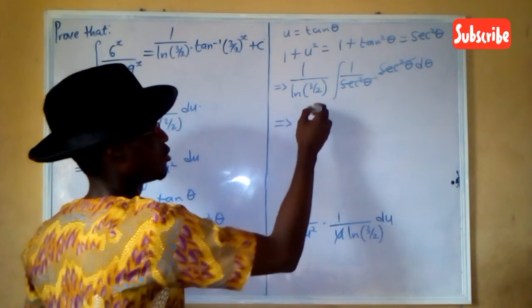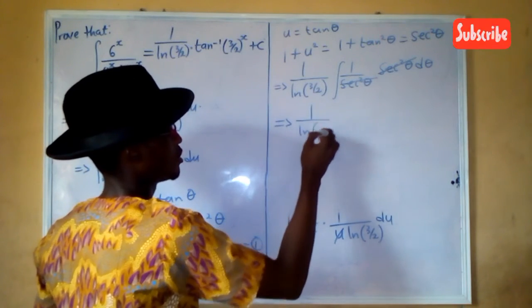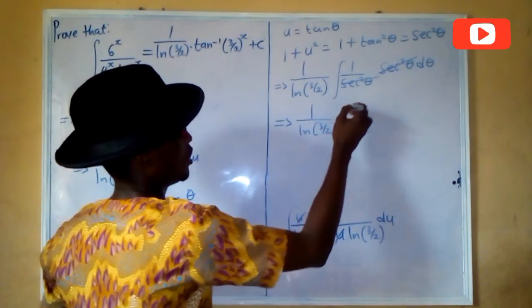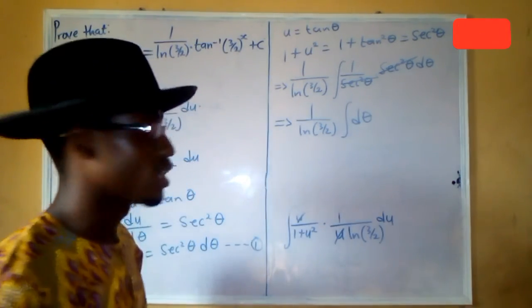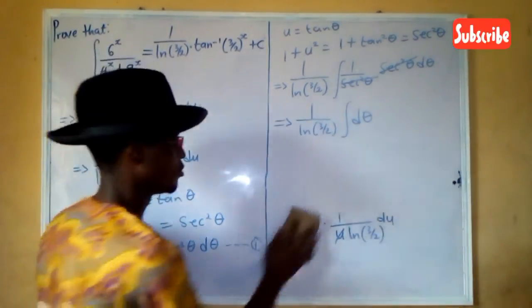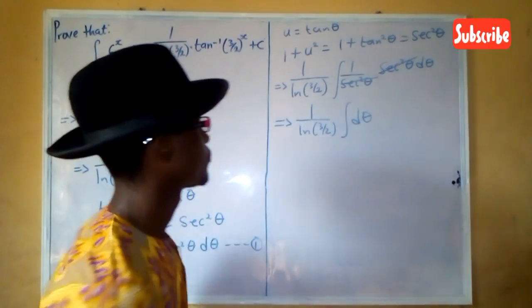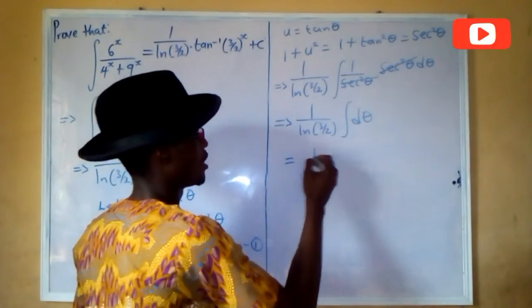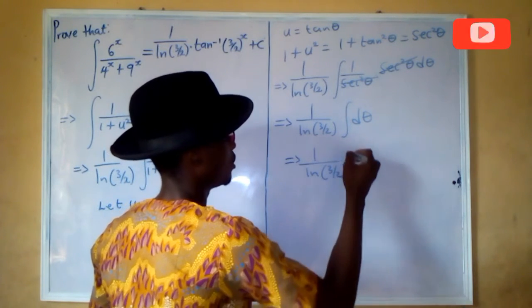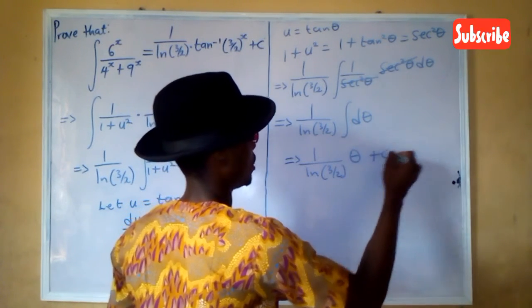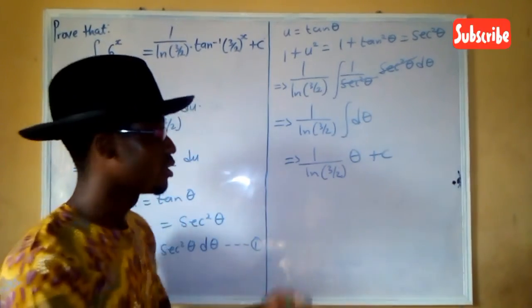Then we have 1 over ln(3/2) times the integral of d theta. The integral of d theta gives us theta. So we have 1 over ln(3/2) times theta plus c. This is our final answer.